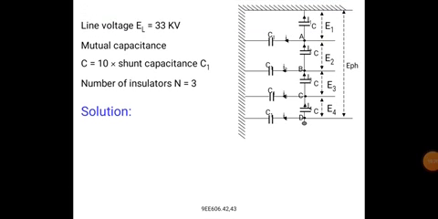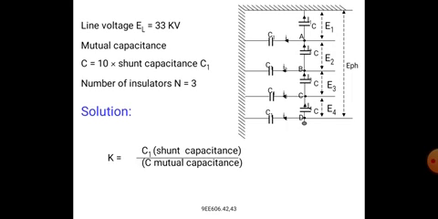The number of insulators is 3. That is shunt capacitance C1 by mutual capacitance, which is 10 times the shunt capacitance. So K is equal to 1 by 10, that is equal to 0.1.